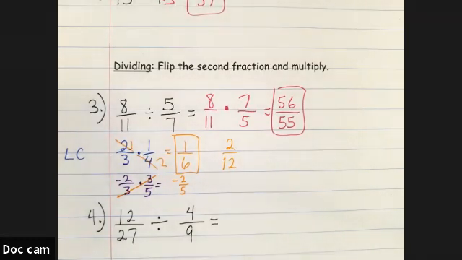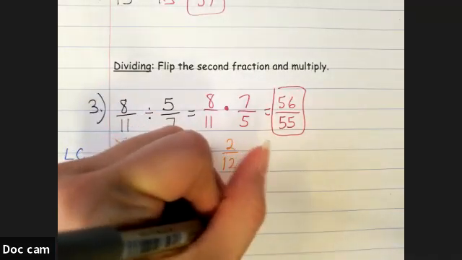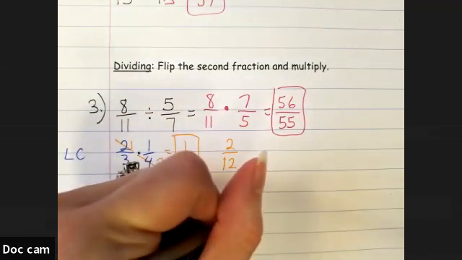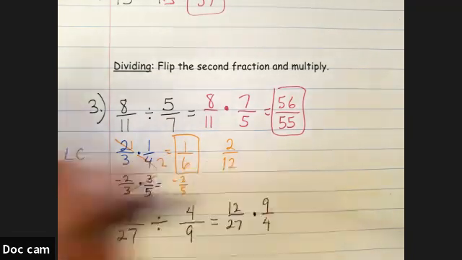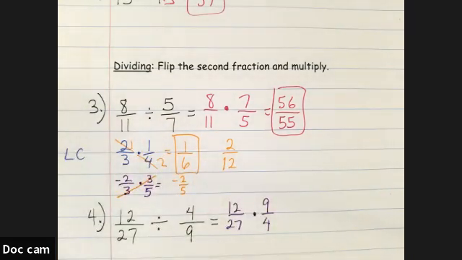Okay. So this one's dividing. So let's see. 12/27, and then that's going to be multiplied by 9/4. Now we can definitely cancel out a lot of stuff here, so I want to do that first. That's going to make it easier.